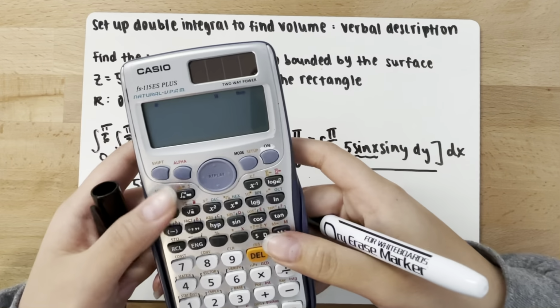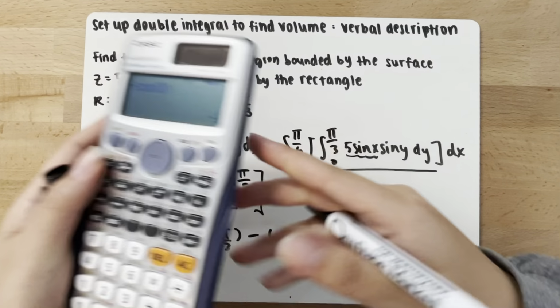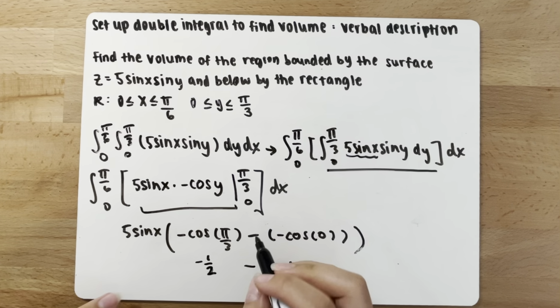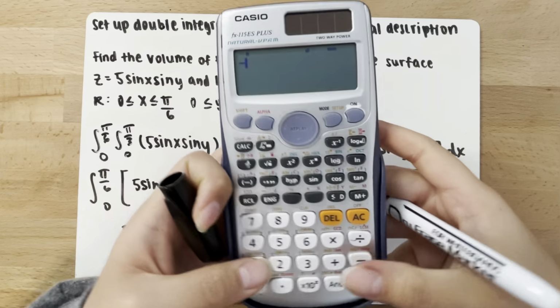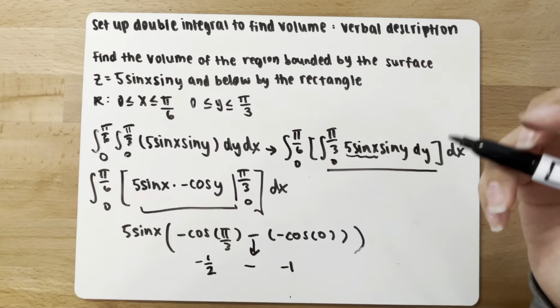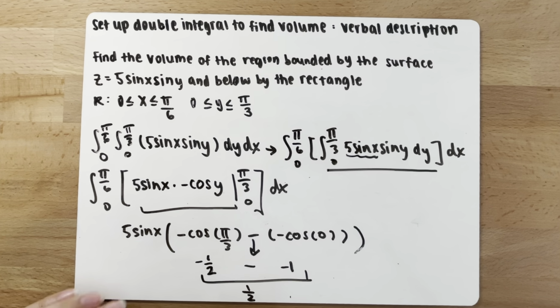And plug negative cosine 0, you get negative 1. Don't forget the negative right here. So negative 1/2 minus negative 1 is the same thing as negative 1/2 plus 1. You get 1/2. Therefore, this whole thing is 1/2.